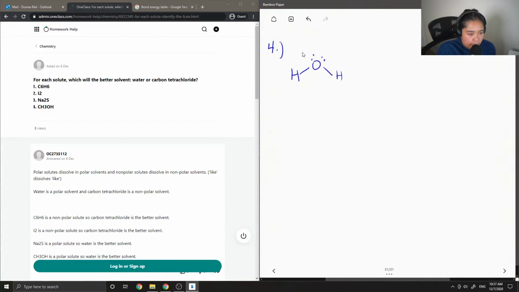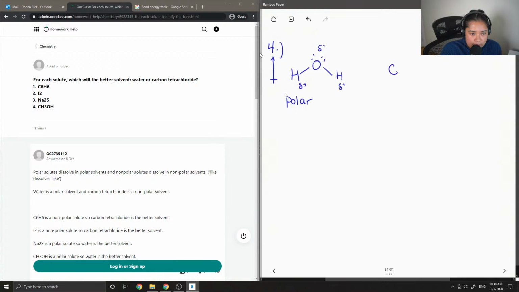This is water, and oxygen is more electronegative than the two hydrogens, and it has two lone pairs, so we can draw a non-zero dipole moment going towards the direction of the oxygen, showing that the oxygen is slightly partially negative, and the side with the two hydrogens is partially positive. So we can say that water is polar.